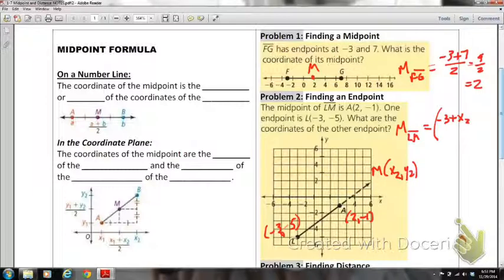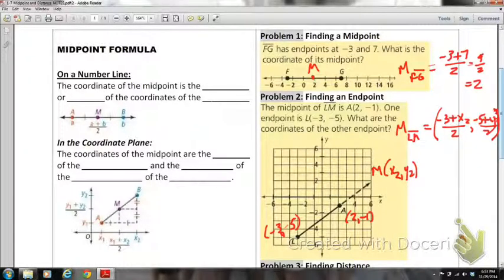We don't know the other x coordinate, and divide that by 2. Then you do the same thing with your y coordinate. You're going to add your y coordinates together, the y coordinate for L is -5, plus your y coordinate for M, which we don't know, y sub 2, and we're going to divide that by 2.